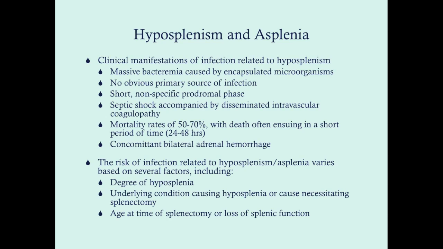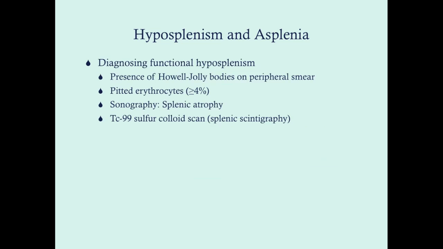This is also why we prefer, if we're going to take somebody's spleen out, we want to delay it as much as possible. We prefer to wait until a patient is 5 years of age or older before we take their spleen out. However, in many cases, that just is not feasible, and a particular case would be in a patient where there's trauma.